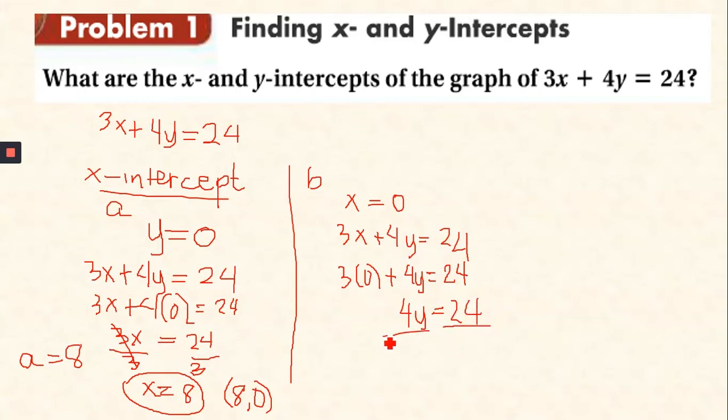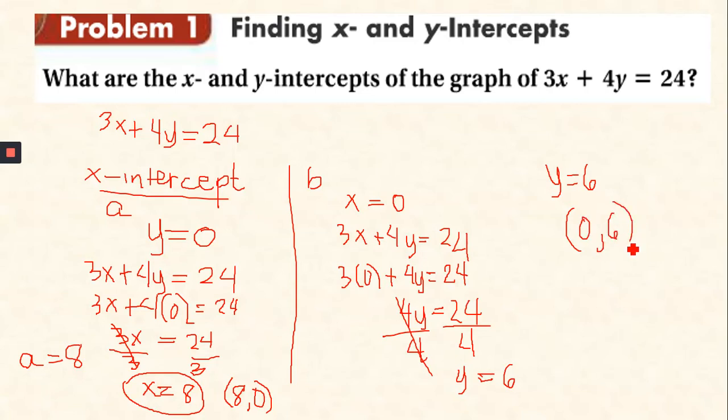Dividing both sides by 4. So 4 divided by 4, that is 1. So you now have y equals 24 divided by 4, that is 6. Okay? So your y-intercept is 6. The coordinates of your y-intercept is 0, 6.